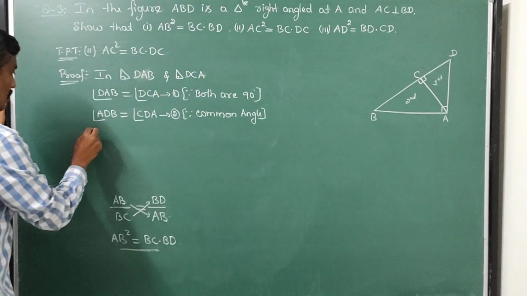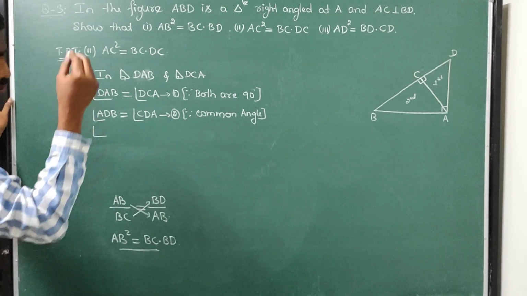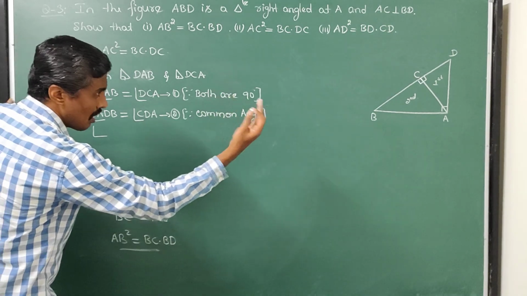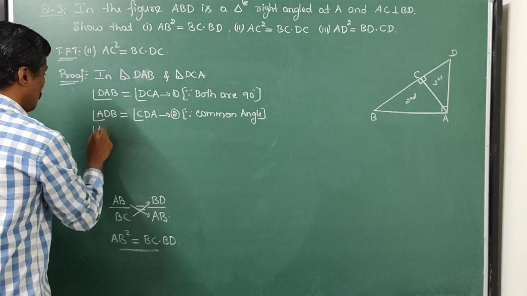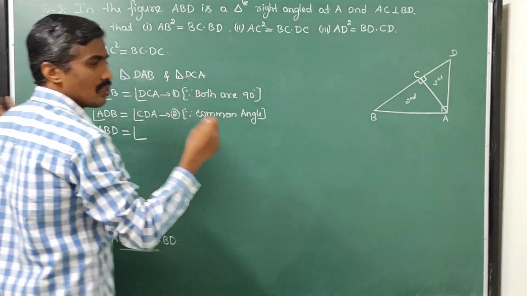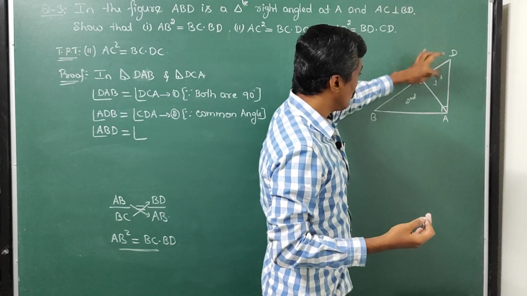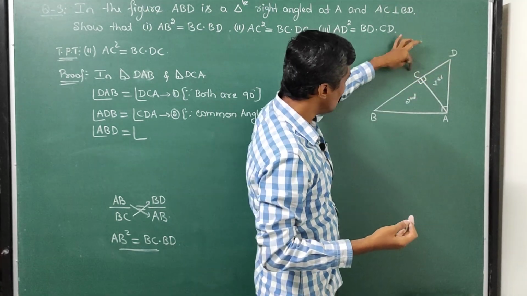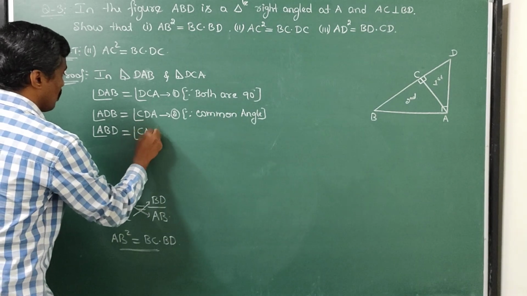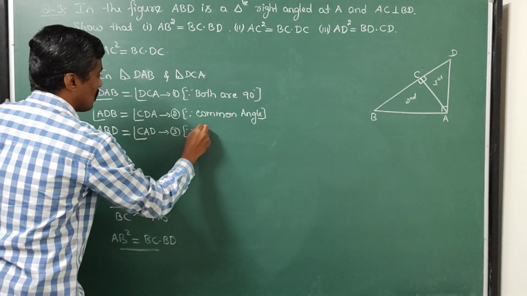So one more angle is left out in the triangle DAB, that is angle B. So DBA, right, we move from 90 degrees only. ABD is equal to, there also in this first part we move from the right angle. So D is already over, the only angle left is A. So CAD, third angles of the triangle.